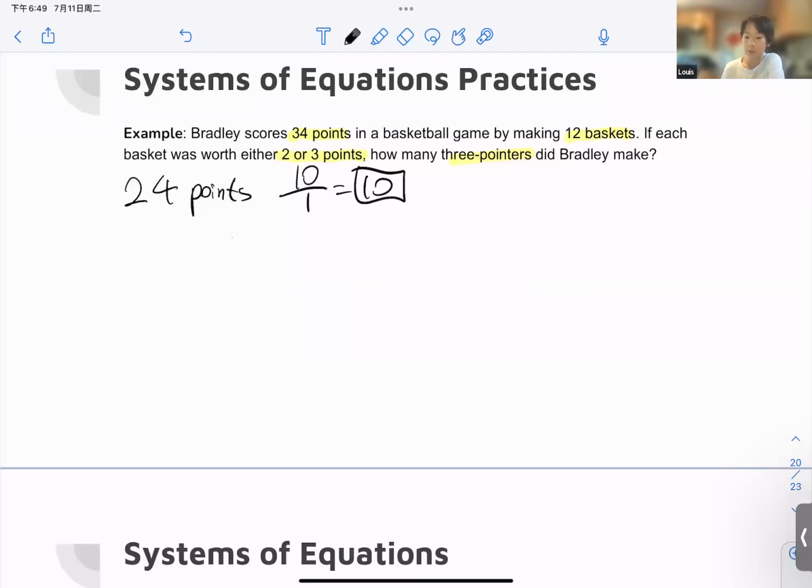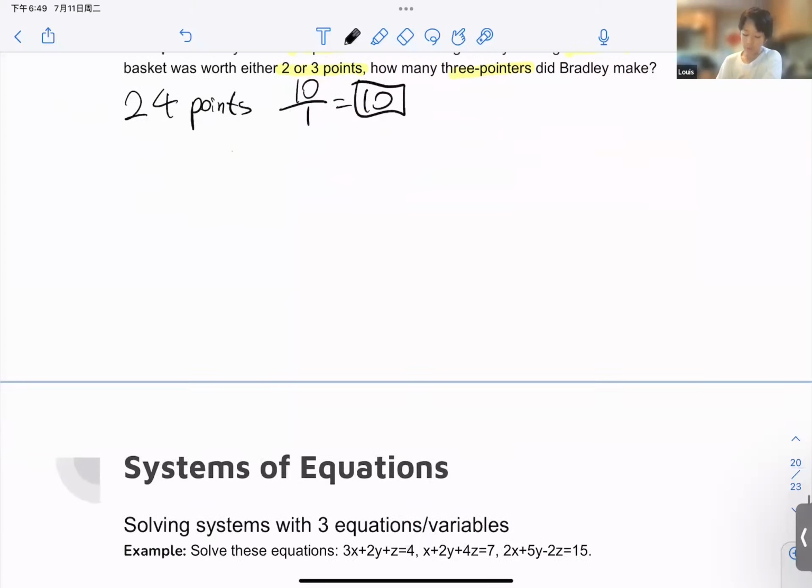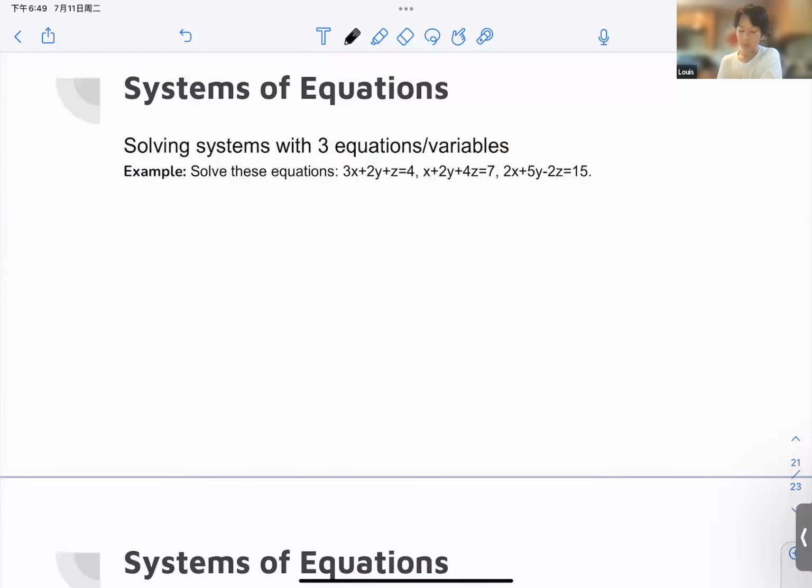So any questions? No questions, and I'll move on. So I'll give you guys a minute to solve this problem.